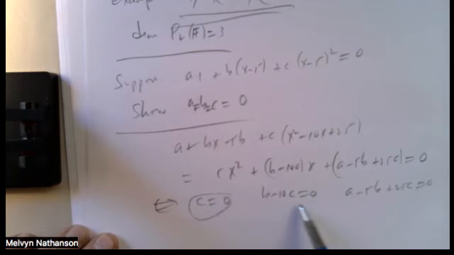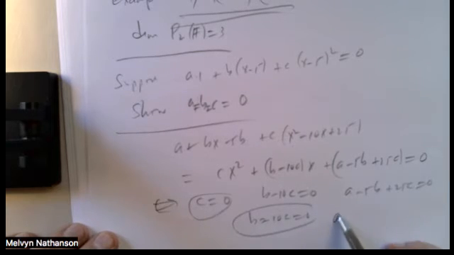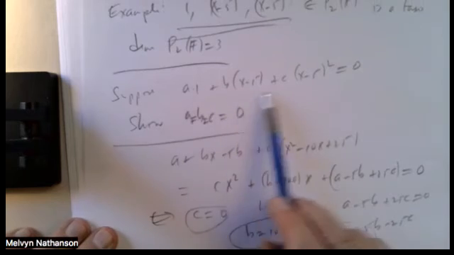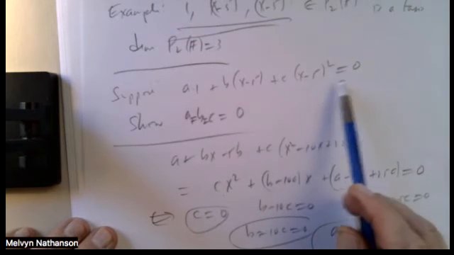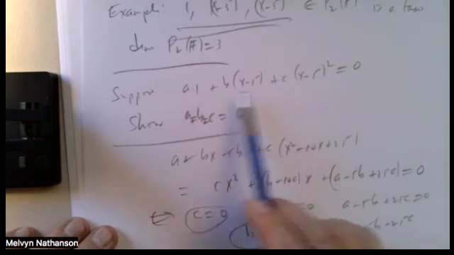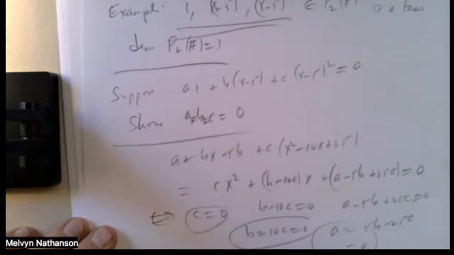We have c is 0, but according to this, b is 10c, but c is 0, so that's 0. And this says a is 5b minus 25c, but b and c are 0, so this is 0. So the only linear combination of these three polynomials that gives 0 is when a, b, and c are 0. So these are linearly independent.